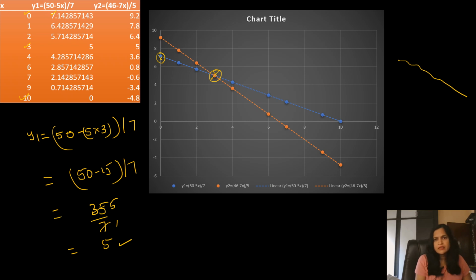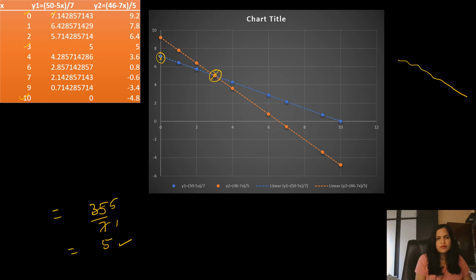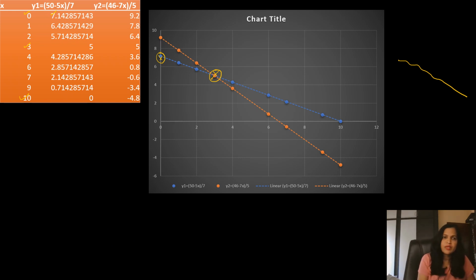And one more point, when x equal to 10, you get the value by calculating. A little bit it may vary in your answer. You may not get the exact point in this method, so you should round off and write.